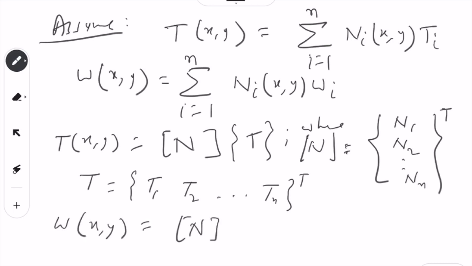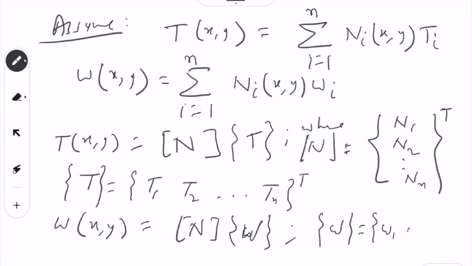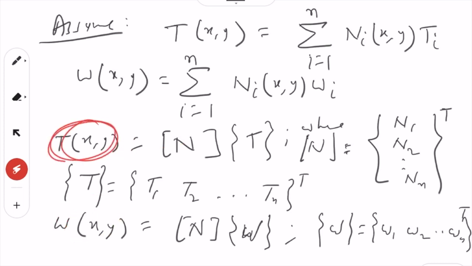Similarly, w x y is given by this n matrix multiplied by the big W vector, where this big W is given by W1, W2 to Wn, transpose of that. If that is the case, we can now put these values of T and W. This is the test function, this is the weight function.